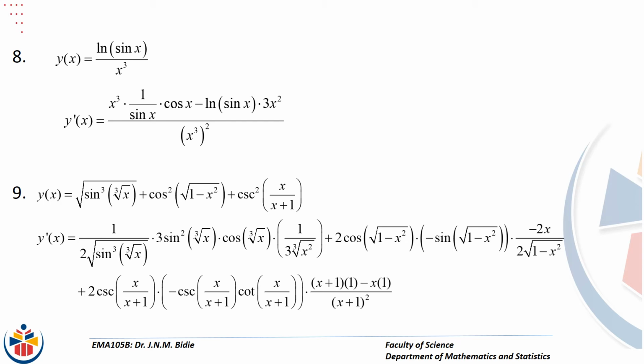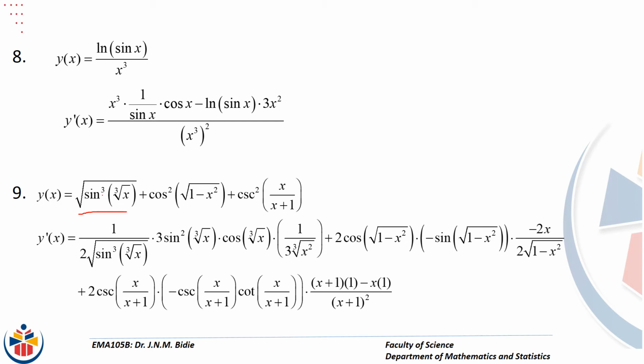Number 9, it looks more complex. Let's go for it. The first term is the square root of sine cubed, and the argument of sine cubed is the cube root of x. Let's start there. The first thing, find the derivative of the square root sine. It's 1 over 2 square root of whatever was under the square root sine, multiplied by, we go now under the square root sine, find the derivative.